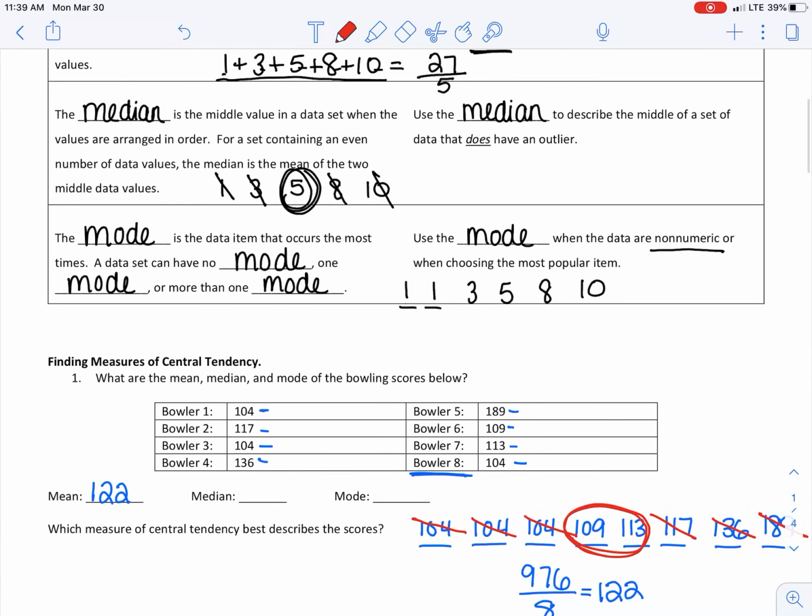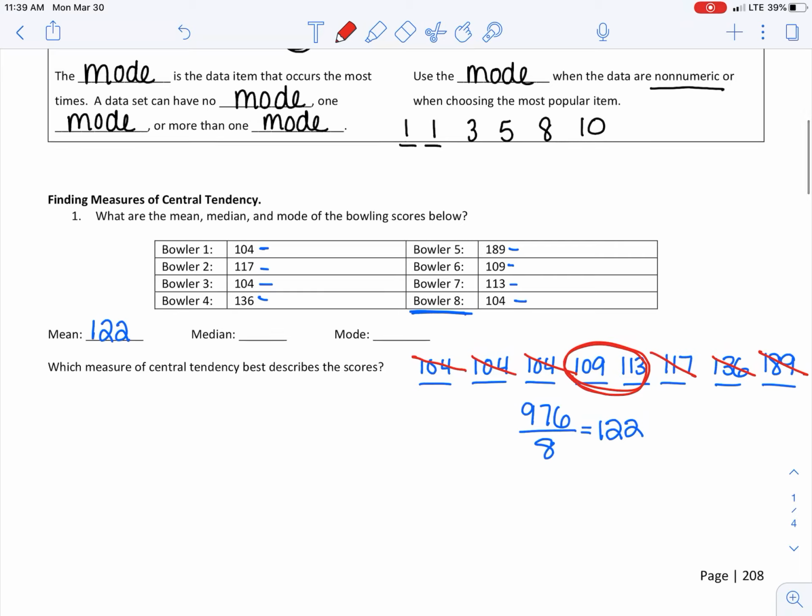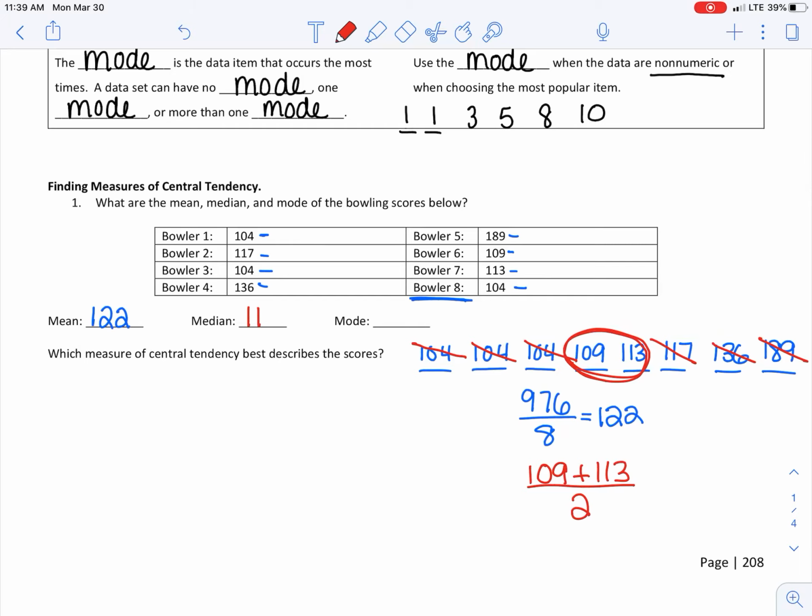It tells us for a set containing an even number of data values, the median is the mean of the 2 middle data values. So we have to take the mean of these 2 values, and the mean we know is taking the average, adding them together and dividing by the number of data we have. In this case, we have 2. So 109 plus 113 divided by 2 gives us 111.